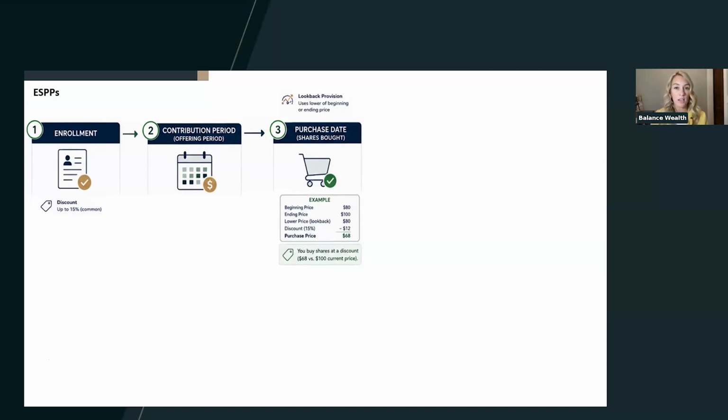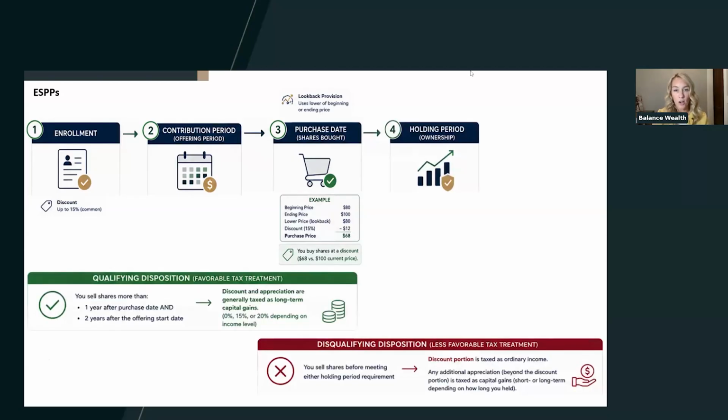So again, at this point, you could say, CFP hat, I'm going to sell. You'll pay ordinary income on that delta, right, of that discount that you have. Or you can have what's called, on the next slide, the holding period. And similar to an ISO, again, not going to get into too much detail, but you have qualifying and disqualifying dispositions, right?